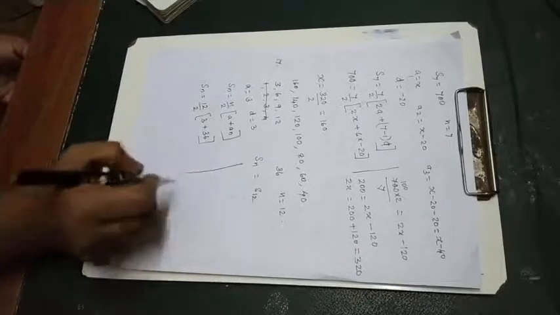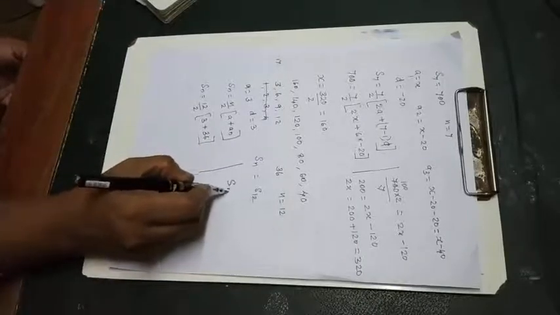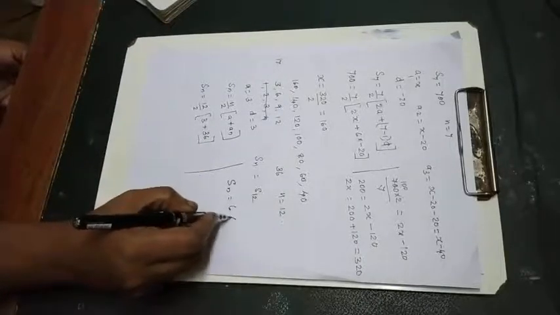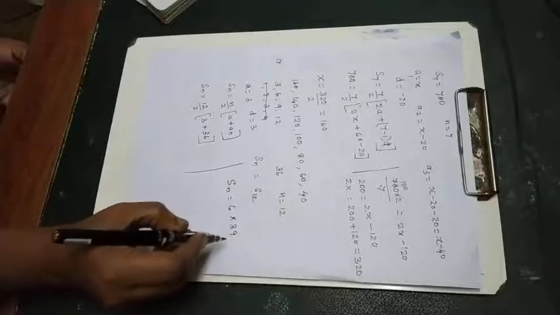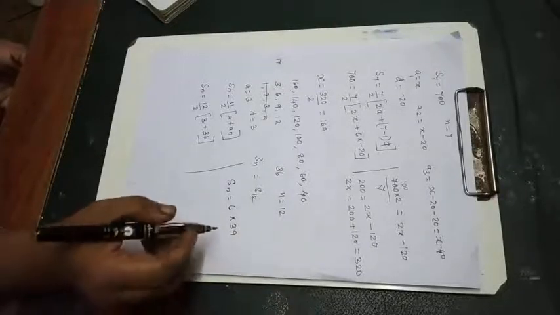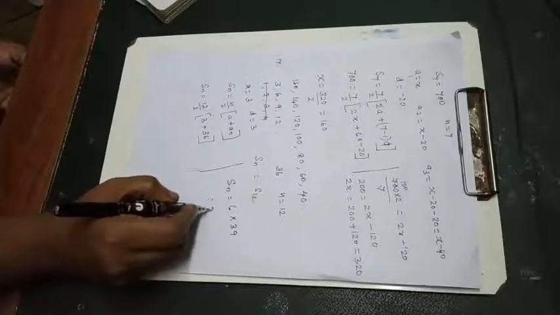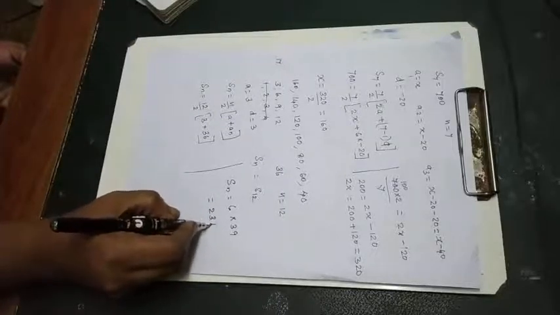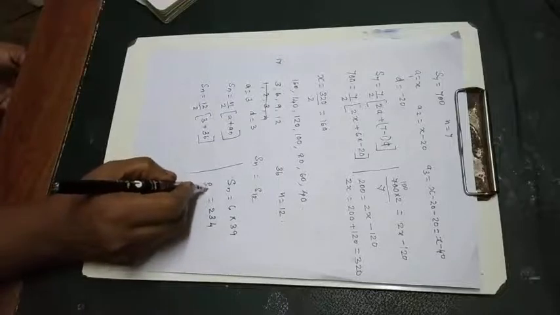So 12 by 2, that is 6 into 39. So 6 into 39, it will be 234. Sn is equal to 234. So they will plant 234 plants to reduce that air pollution. Okay.